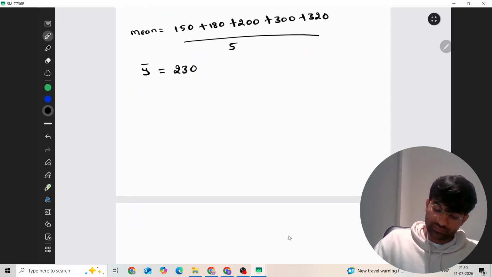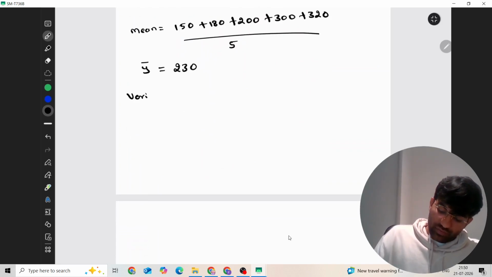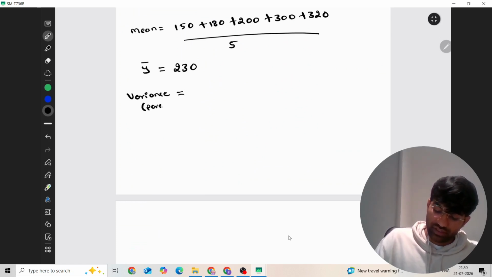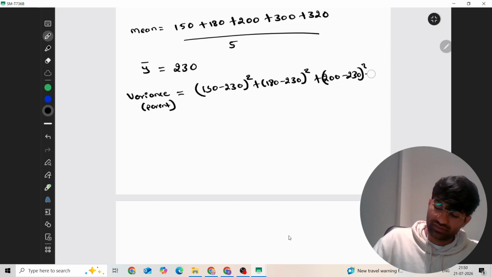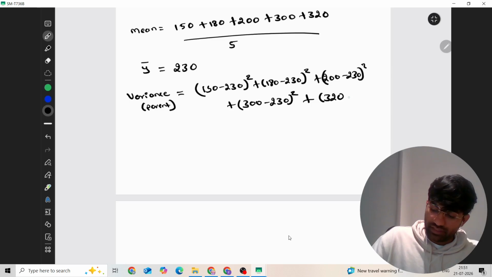Next we will calculate the variance. This is the variance of the parent. It is 150 minus 230 square plus 180 minus 230 square plus 200 minus 230 square and so on, plus 300 minus 230 square plus 320 minus 230 square, whole divided by 5.